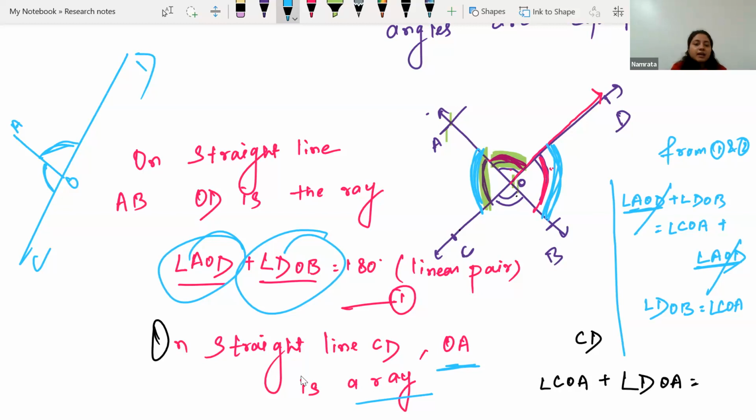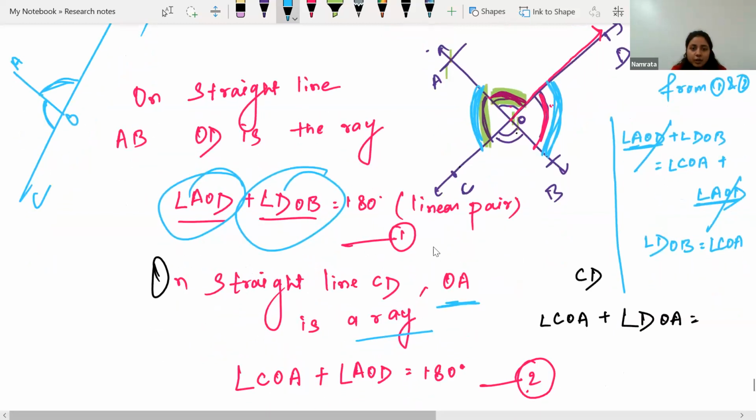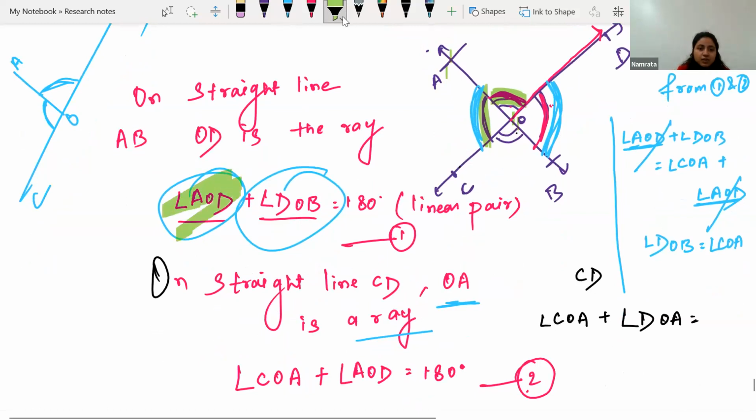Once I have written this, you can notice our purpose was to get this one the same, or maybe any one of the pairs the same, and we have got that, so that when we compare, it will just cancel out each other and we will end up getting that vertically opposite angles are the same.